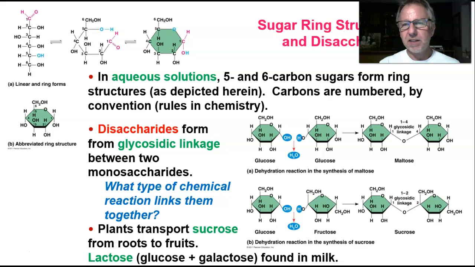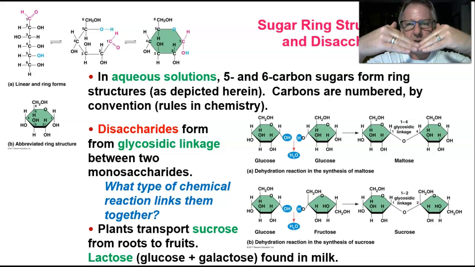So look carefully at the figure on the right-hand side of the slide. It shows 2 glucose molecules in figure A side by side. And just like you learned earlier in the chapter, a hydroxyl, an OH, is taken from one, a hydrogen is taken from the other. They bond together and make water. That's dehydration.